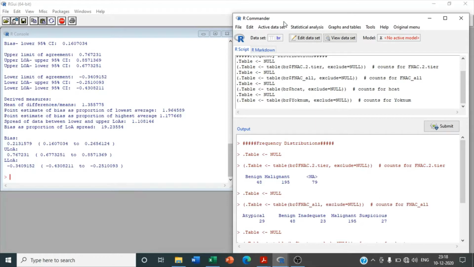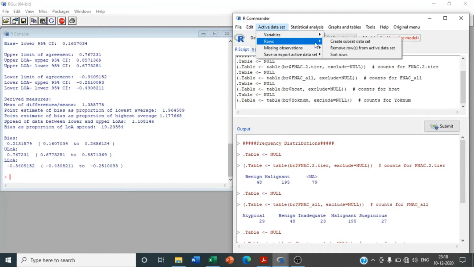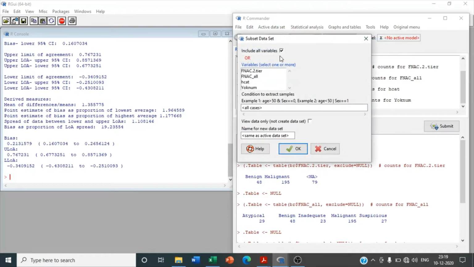So, how do we do that? We go to the active dataset, go to rows, create subset dataset, include all variables. In Yocnum we have categorized and numerically coded the data, giving the value of 1 for inadequate, 2 for benign, 3 for atypical, 4 for suspicious, 5 for malignant.